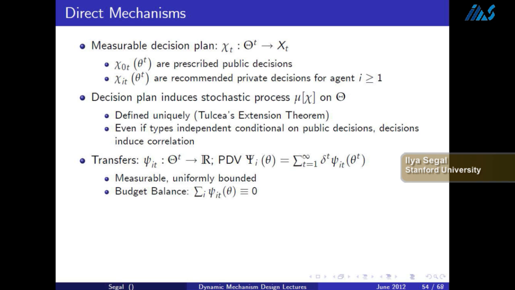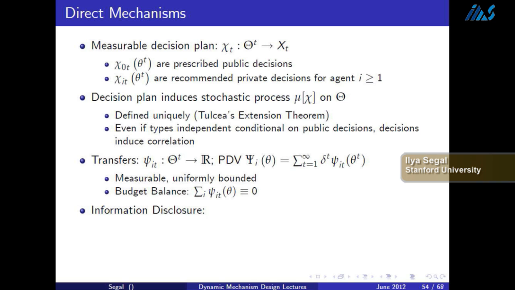We assume, as some version of spreadability, that the transfers are uniformly bounded, which ensures that there are no funny things going on at infinity. And budget balance means they add up to 0 in every period, for every state of the world.